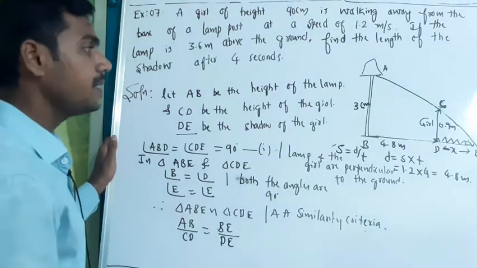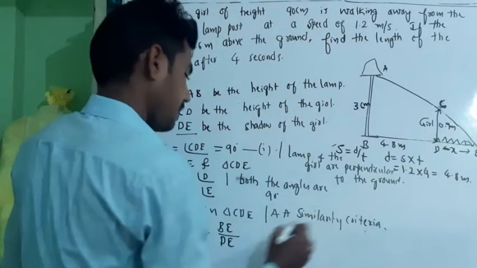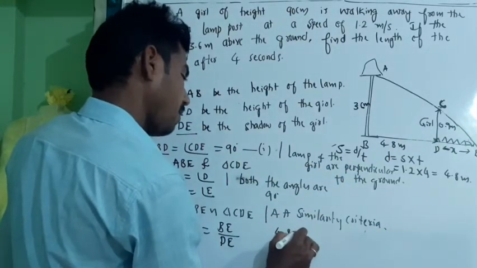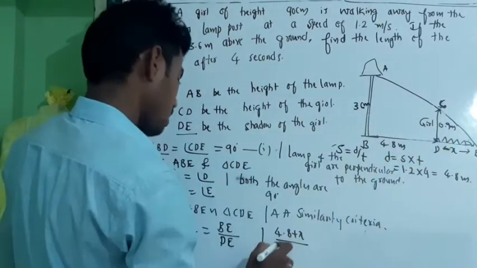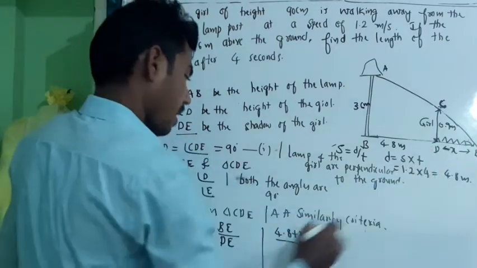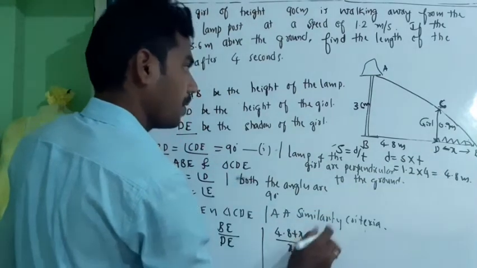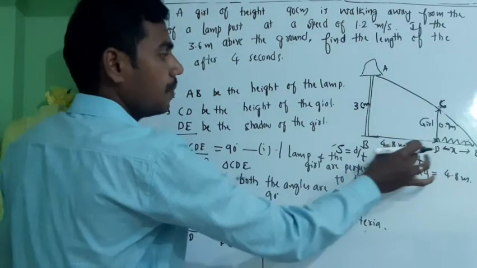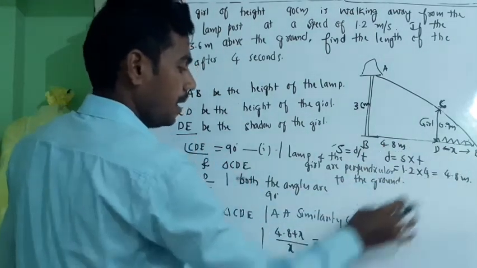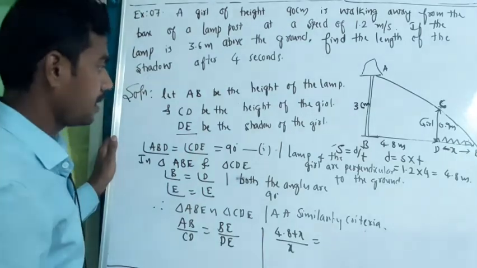What is BE? BE is nothing but 4.8 plus x, and DE is nothing but x.